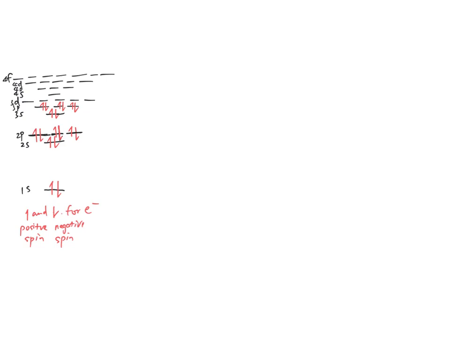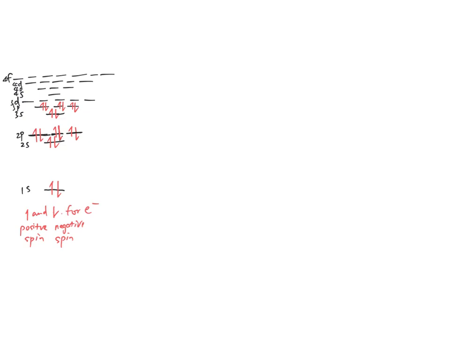I got this. I can put them all in pretty easily. Now, based on the way that we did things here, you can see in our scheme, the next one would be the 3d orbital, which makes perfect sense. You're going to fill up the lower energy 3d orbital before you go on to the higher energy 4s orbital.